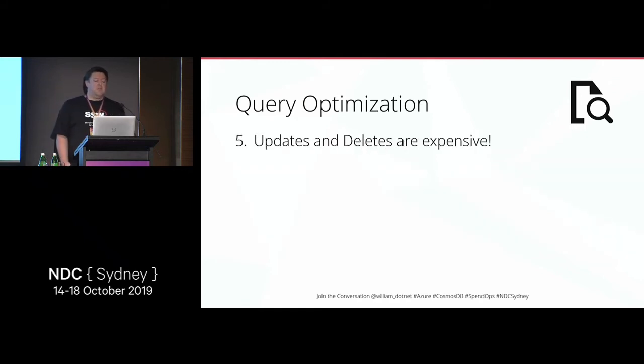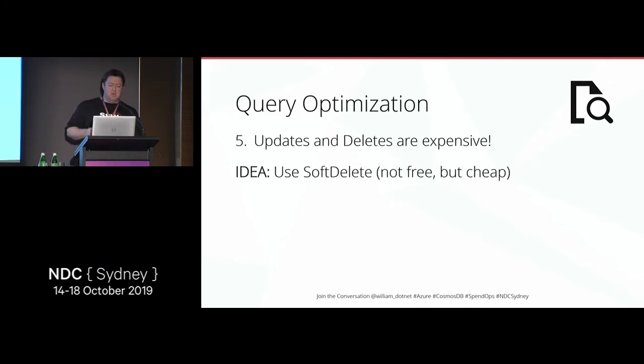Now, just be aware that updates and deletes are very expensive compared to creating an item. To update an item, there are a lot of comparisons of which fields to update, and checking, so a lot of compute goes into it. And same with deletes. But you can make deletes a little bit cheaper. You can't make them free, but you can use a feature called soft delete.